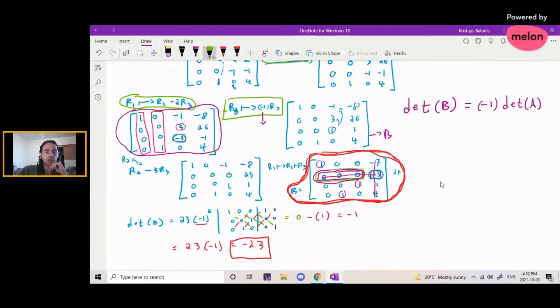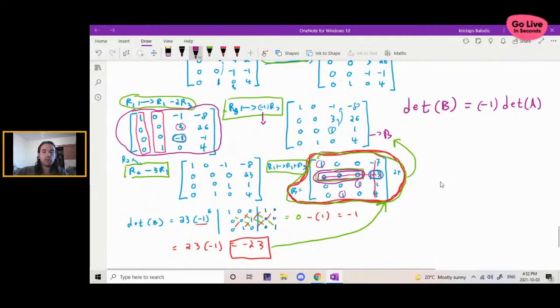And why is this great? Because our next few row operations, again, are just adding multiples. So nothing's going to happen, that doesn't change anything. So the determinant of this final matrix has to be the same as that of B. We found out that that determinant was -23, so the determinant of B is equal to -23.